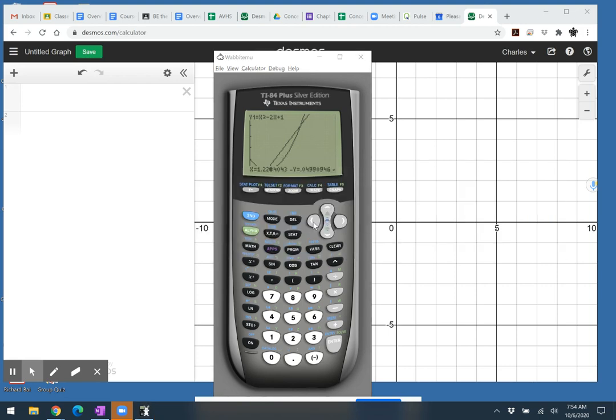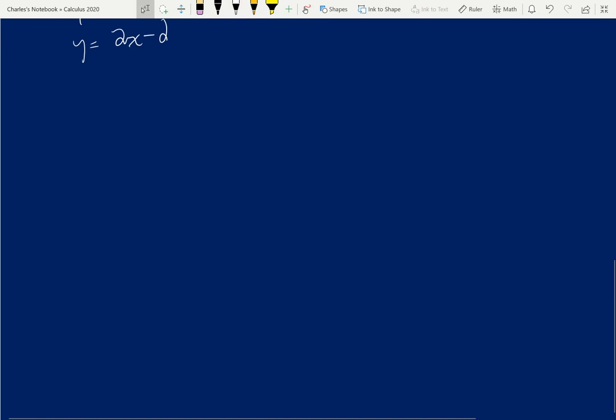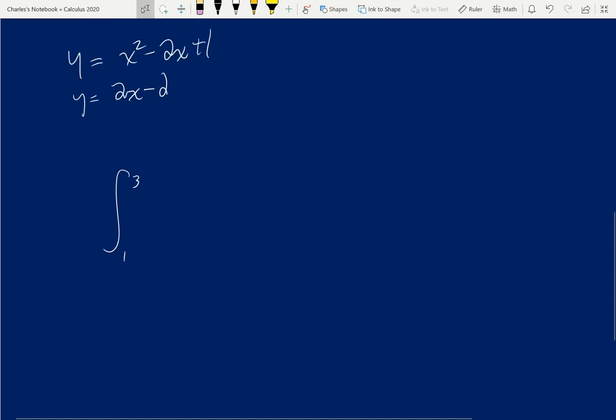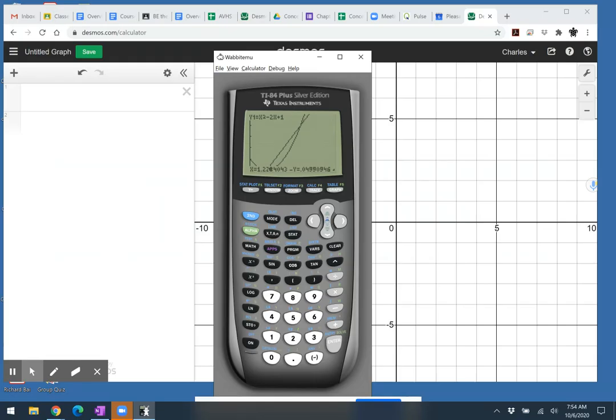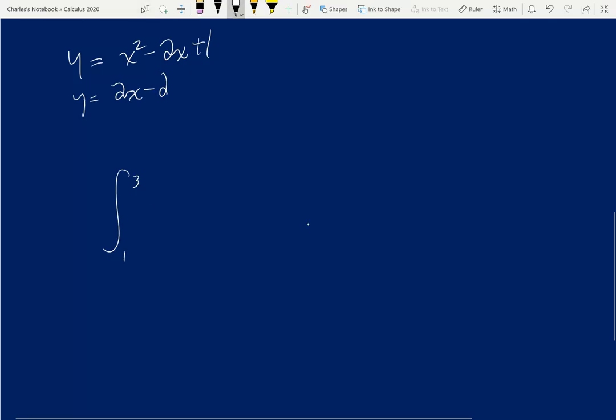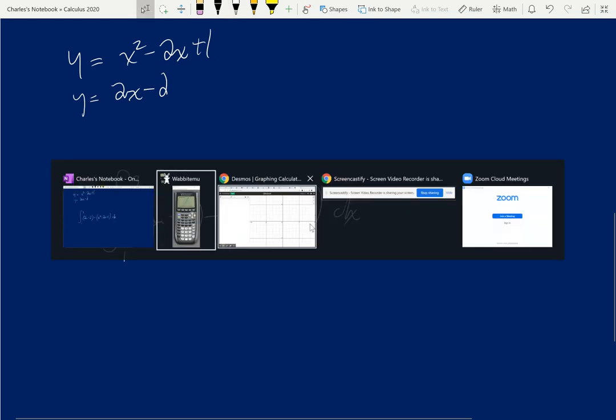So the integral that I could set up would be integral from 1 to 3 of, which one was on top? 2x minus 2 minus (x squared minus 2x plus 1) dx.